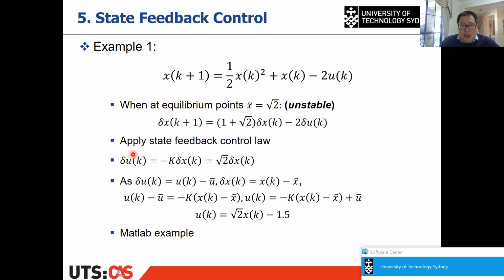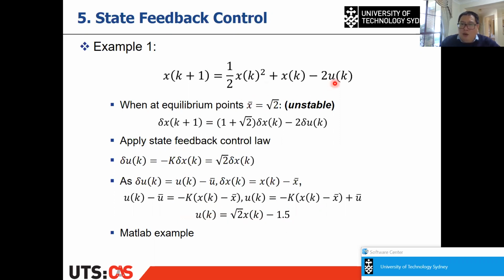Then we replace delta u by u minus u bar. We replace delta x equal to x minus x bar. Then finally, we have u k is equal to square root of 2 times x k minus 1.5. Minus 1.5. So that is your final u.